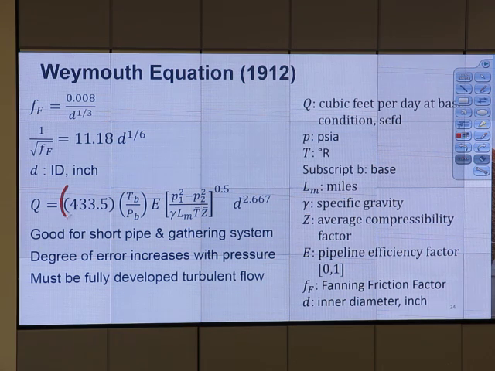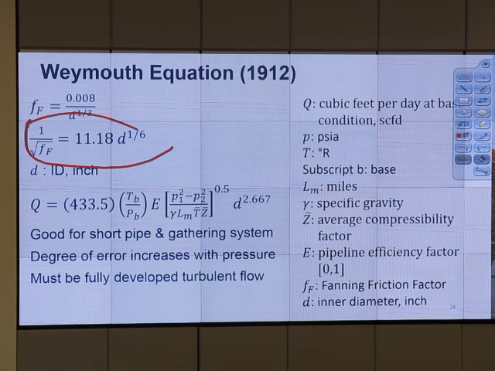We have a constant in the front. This one is new, right? Previously we have 38.77. We have these two terms, same. We approximate 1 over square root of friction factor to be just dependent upon diameter, d to the power of 1/6.